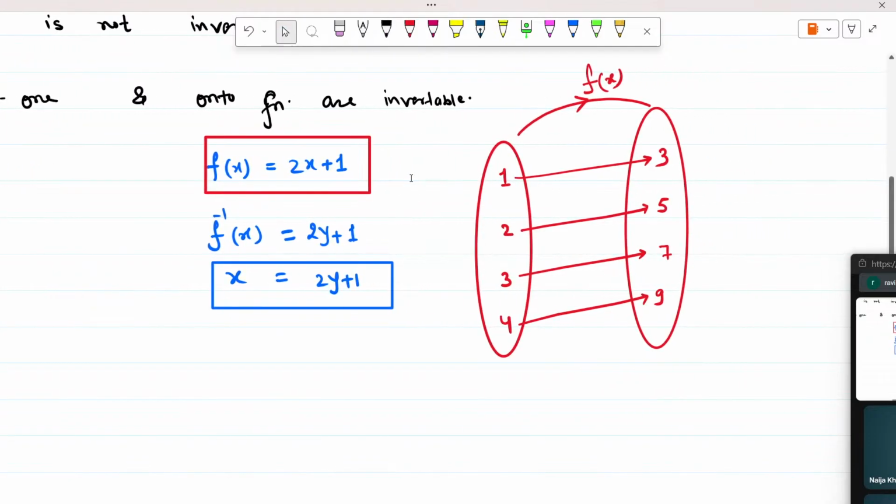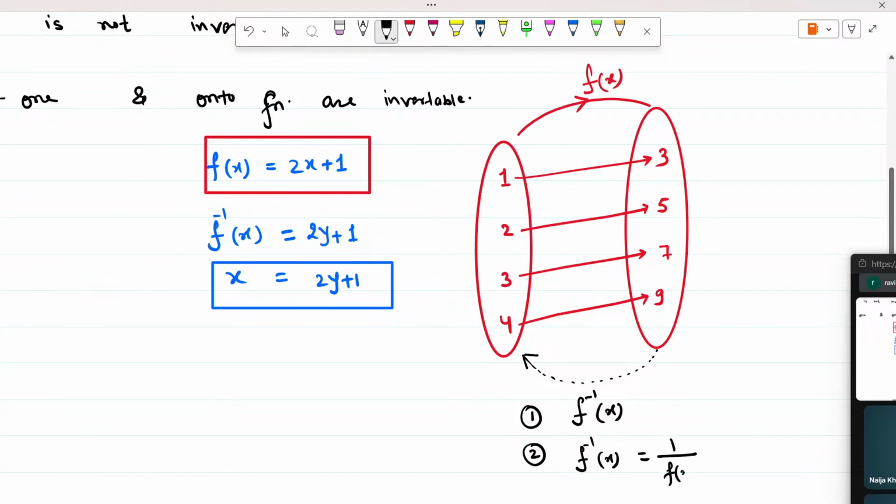Now we are finding the f inverse. F inverse means from this side to this side I have to map now, right? So this is called your f inverse of x. First of all, f inverse of x doesn't mean that it is 1 over f(x). It is wrong. It is entirely a new function you are getting, a new rule you are getting.